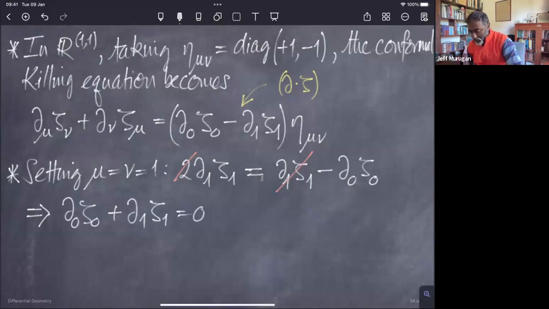That's one equation. I'm going to keep this in mind now.